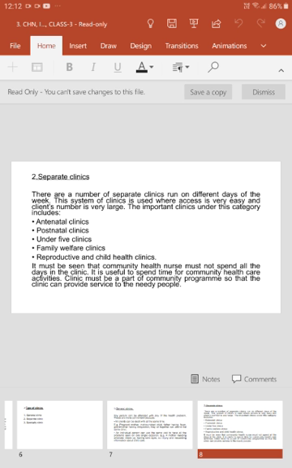It must be seen that the community health nurse must not spend all the days in one clinic. One by one, maybe they give care in the antenatal clinic on Monday, and Tuesday will be the postnatal clinic. Weekly once they will give the timing for the schedule.